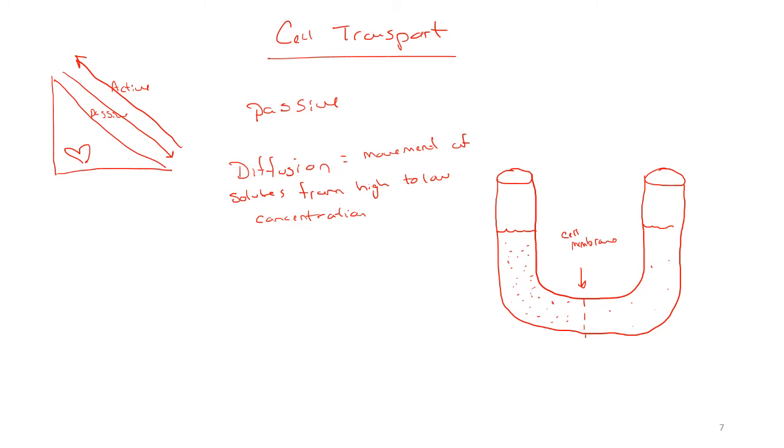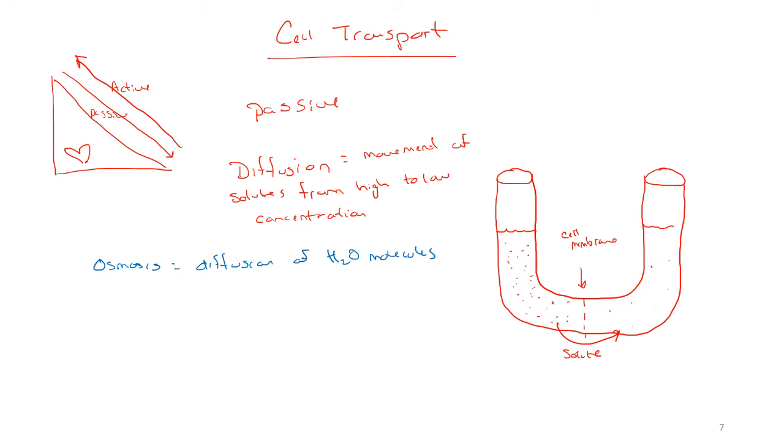By nature, by diffusion, the solute wants to move from a higher concentration to a lower concentration. Okay? That's what diffusion basically is. But there's other processes that are also passive. A really good example is something called osmosis. Osmosis is basically the diffusion of water molecules.